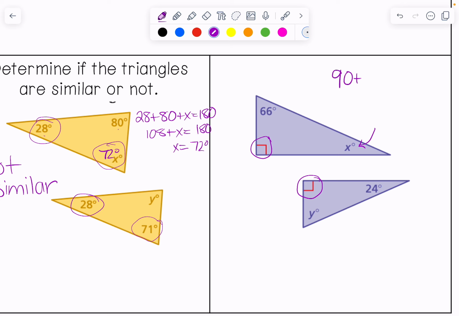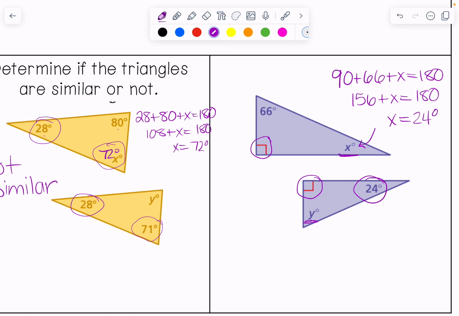We know that 90 plus 66 plus x has to equal 180. If I finish solving this, I'm going to find that x needs to be 24 degrees. All right. So when I look here, this triangle also has a 24-degree angle. Because they have two angles that are identical and congruent, by default, that tells us that the third angle has to be congruent as well.